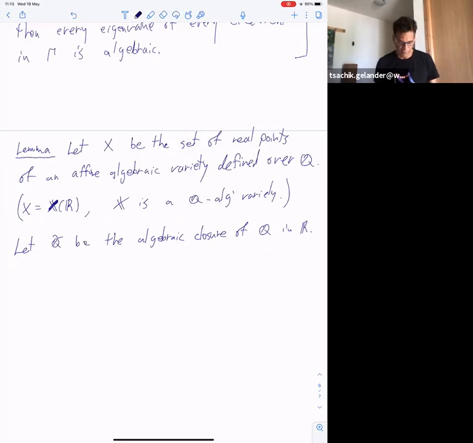I don't allow complex numbers. Then X(Q tilde) is dense in X in the Hausdorff topology. That's the lemma.